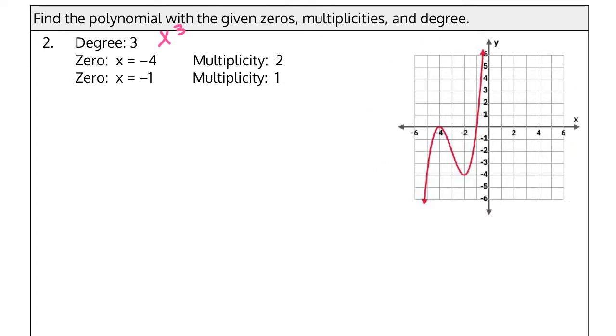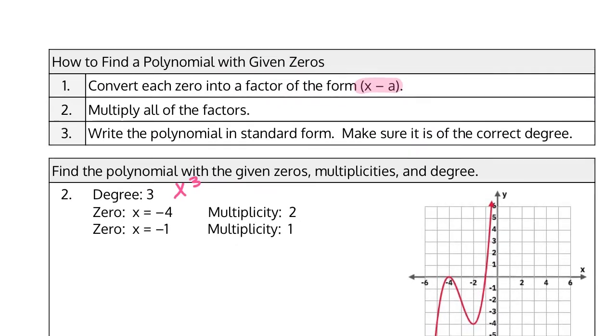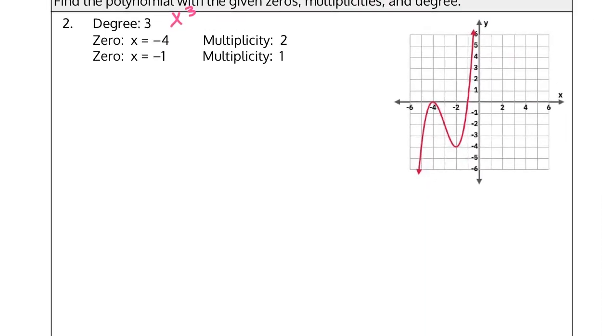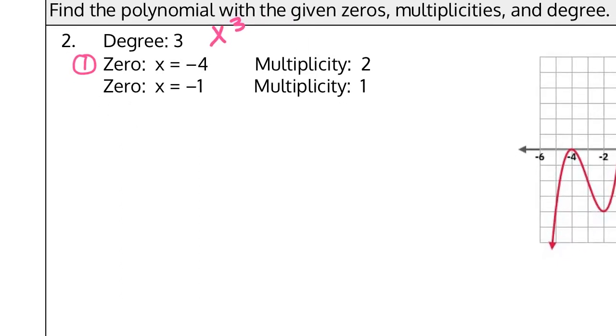If I follow the steps from above, the first step said to convert each zero into a factor of the form x minus a. The first zero, I'm going to label it number 1, so I can keep track of everything. I want to convert that into a factor. If I have x equals -4, I want the x and the 4 on the same side of the equal sign.